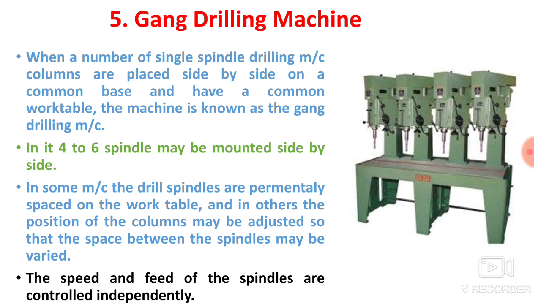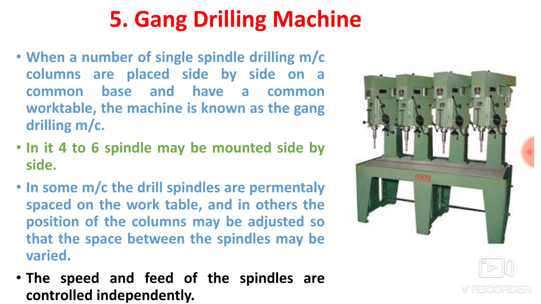In a gang drilling machine, there may be 4 to 6 spindles mounted side by side. So here you can see 4 different spindles mounted over a common table. In some machines, the drill spindles are permanently spaced over the work table, and in others the position of the column may be adjusted so that the space between the spindles may be varied.